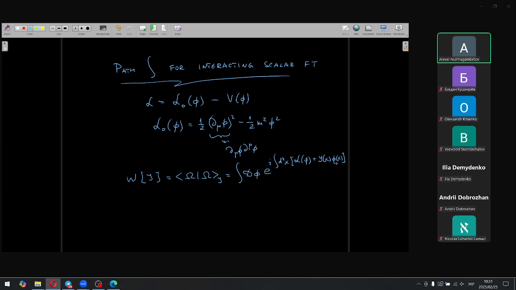And now the point is how to obtain W on J explicitly.